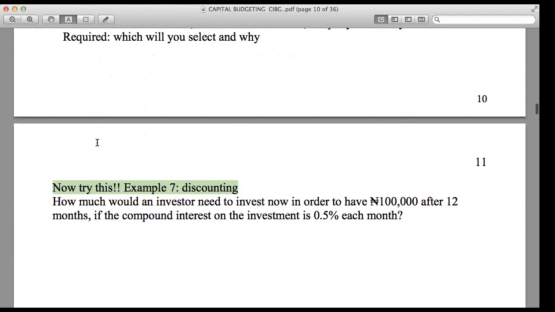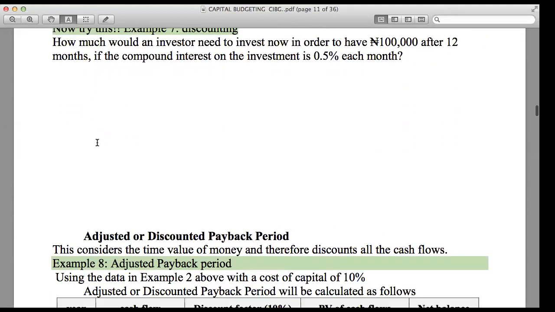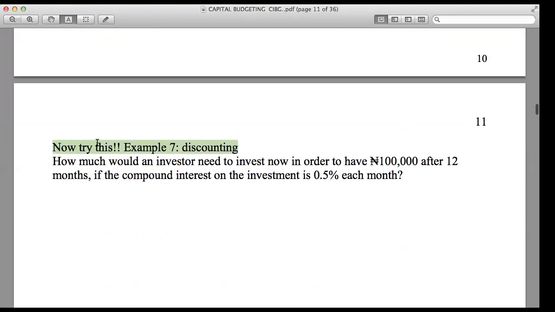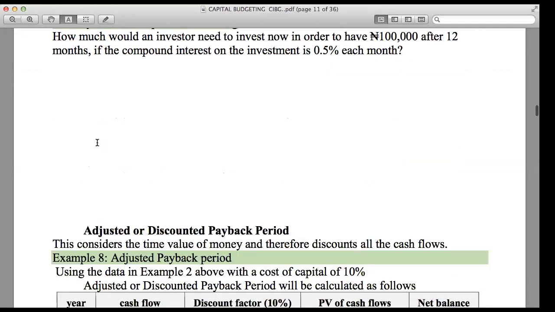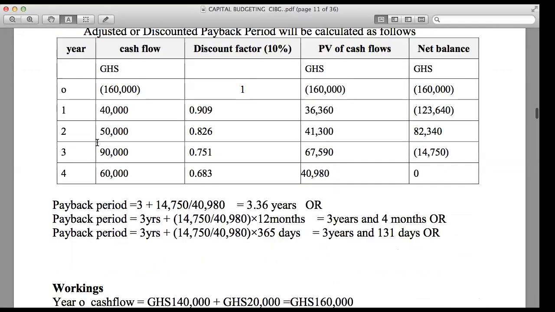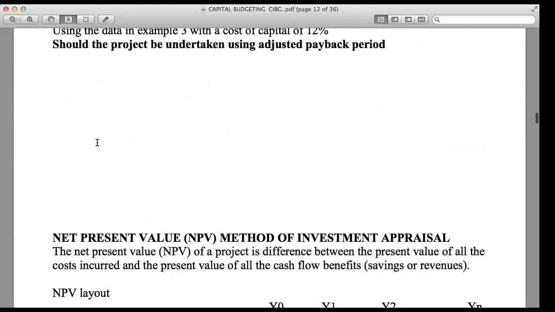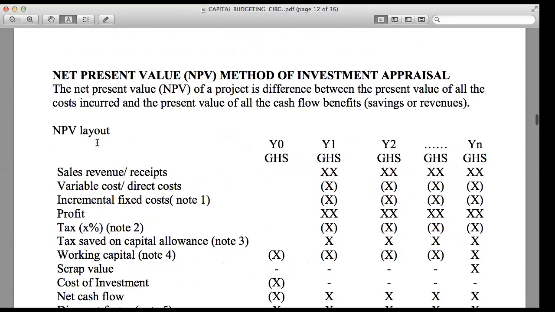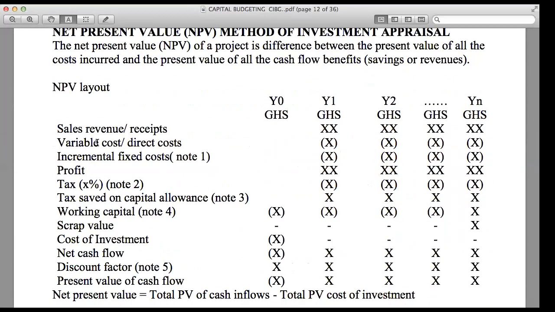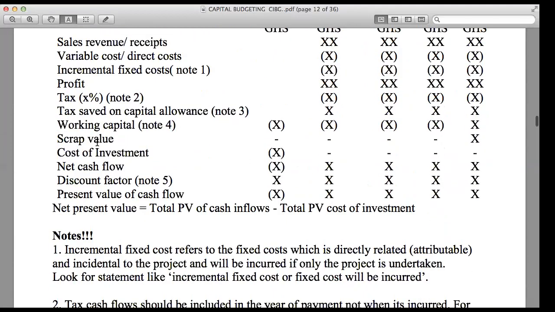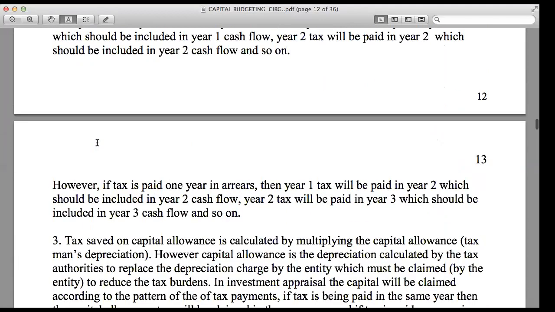Consider the arrangement is not well done. But what can we do? Okay, so let's see. The NPV, in fact, the detailed format is there with the detailed explanatory notes. So go through them.